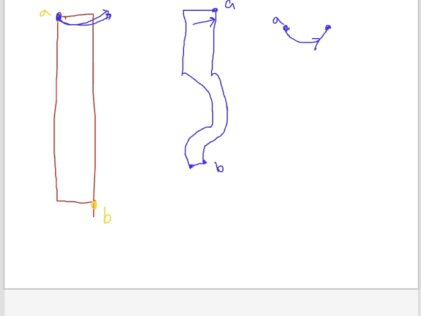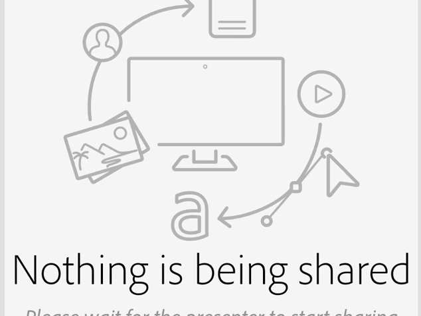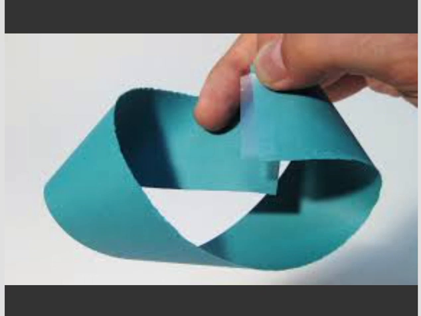Please wait. This is an explanation of how we get Mobius band from a rectangle.